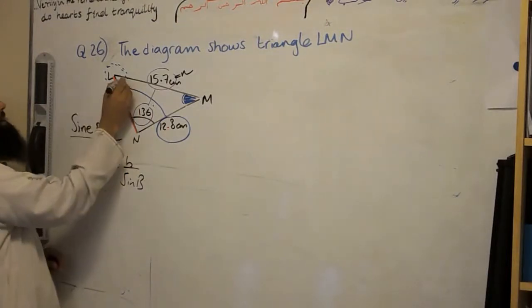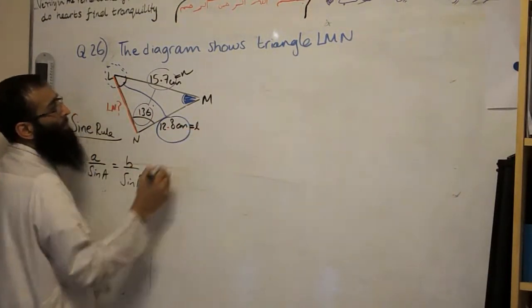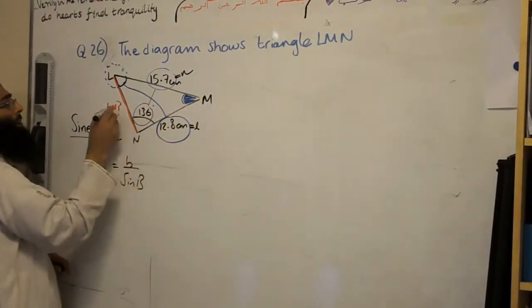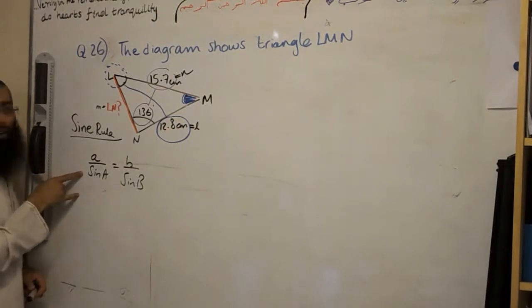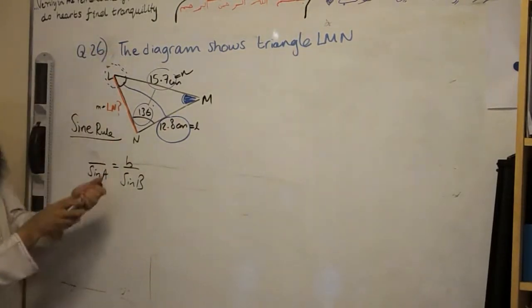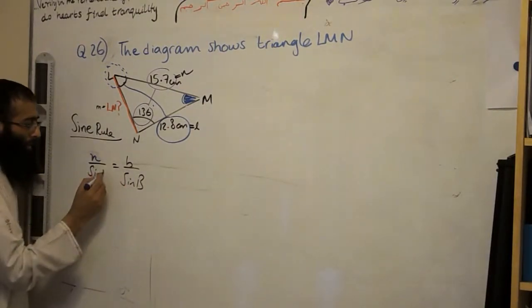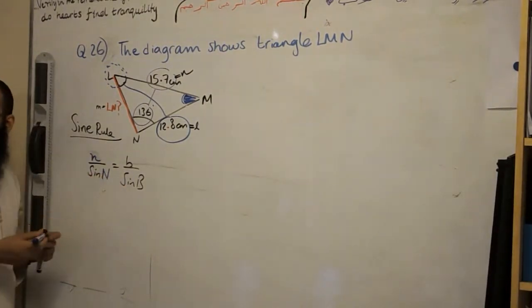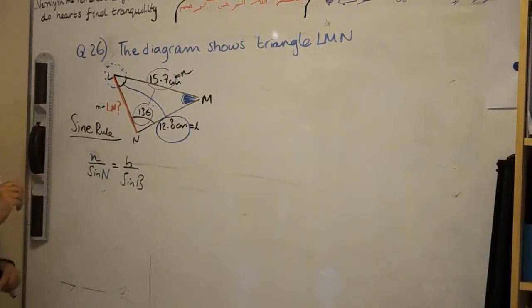If this is big L here, this will be little l. If this is big M, this will be little m. Now a over sine A is talking about these two first, so we can change the a into n over sine N. So we're making our rule correspond to our current diagram.